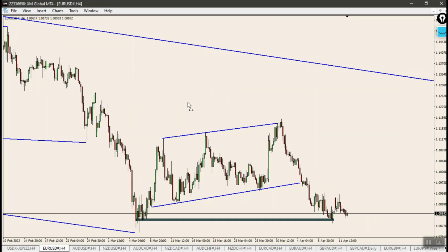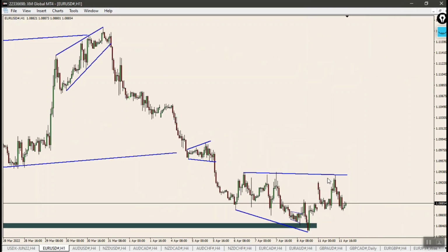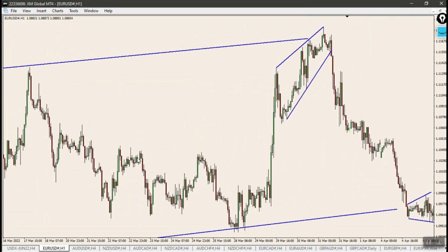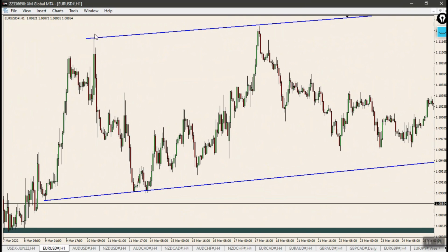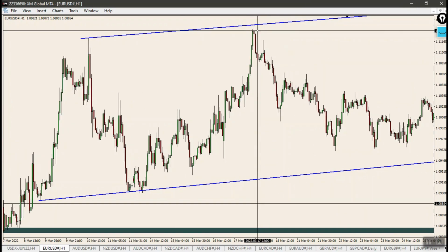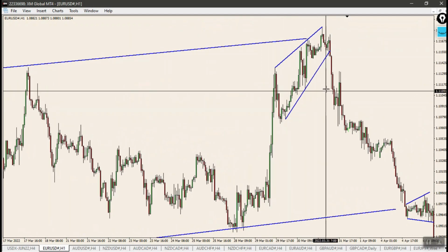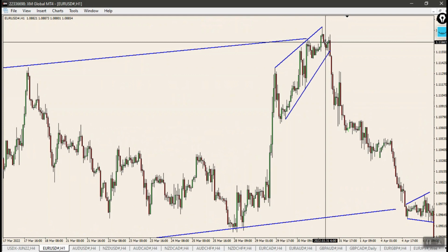But the point is this third touch: the first touch, second touch, third touch, and on the third touch we see now a rising wedge. So it's the first touch, there it is, as you may see, the first touch, second touch, and then the third and final touch. We have this rising wedge.